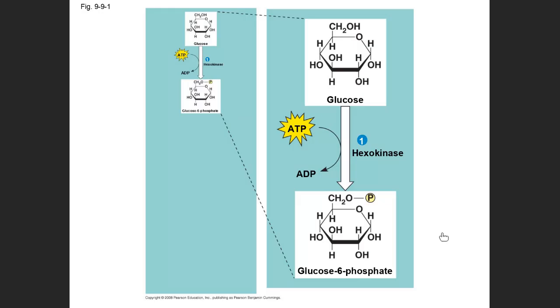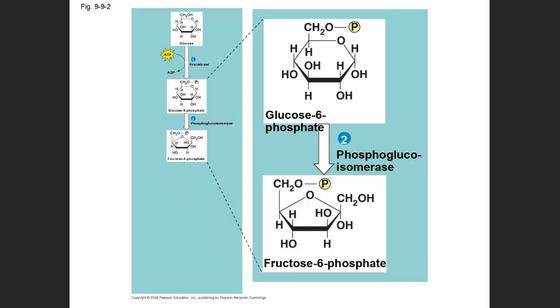But to go through the reactions, which you don't need to know, I just want to show you the different enzymes here. Hexokinase is one that uses ATP in order to phosphorylate our glucose. And then that glucose 6-phosphate is going to be converted into fructose 6-phosphate. You don't need to memorize these.